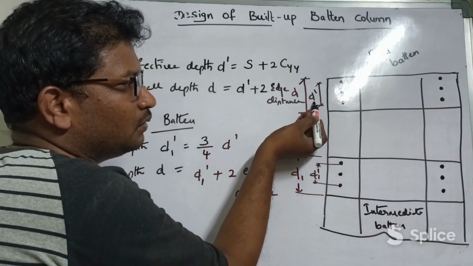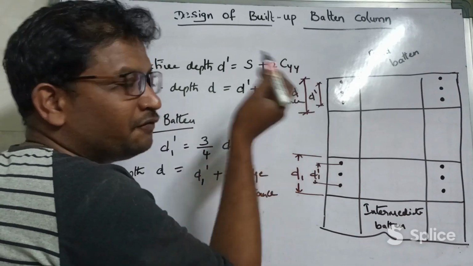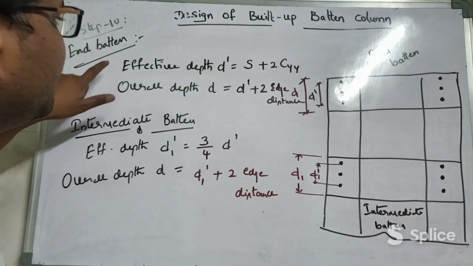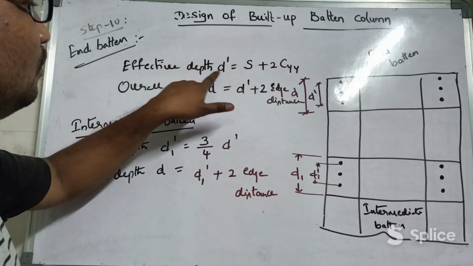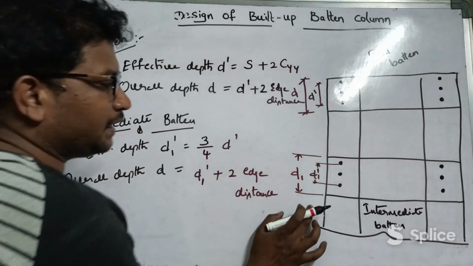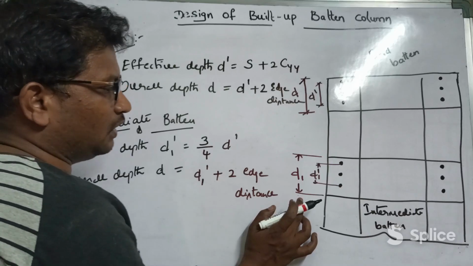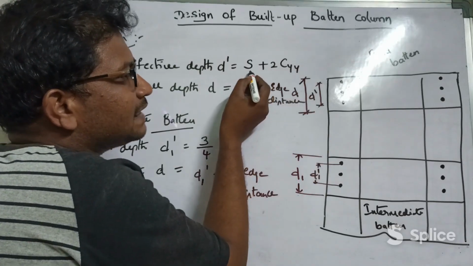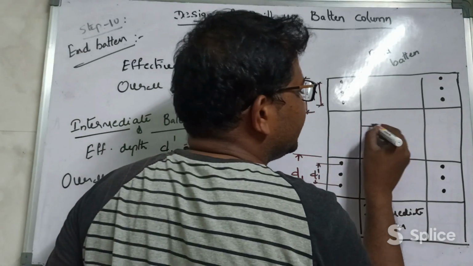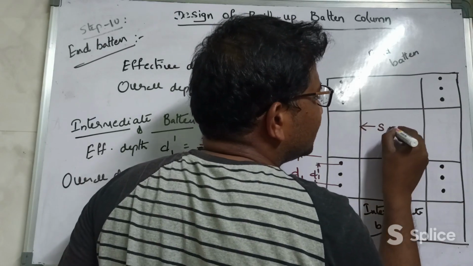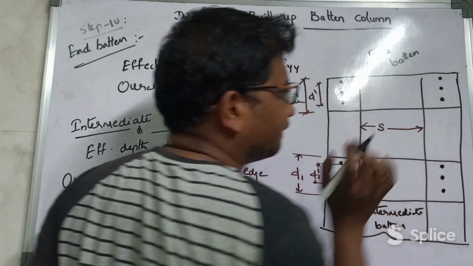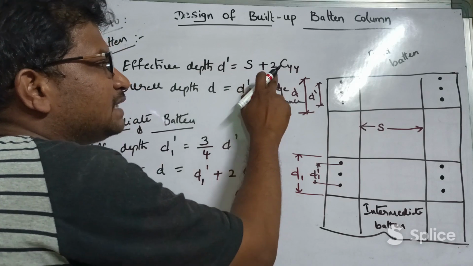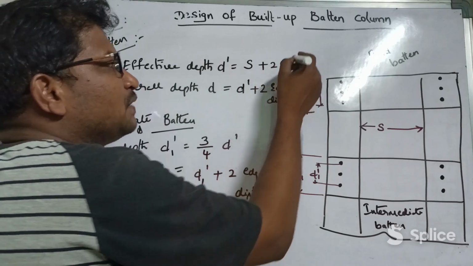This is effective depth. This is overall depth of end batten. Effective depth of end batten is equal to S plus 2 Cyy. Here S is the distance between two sections.